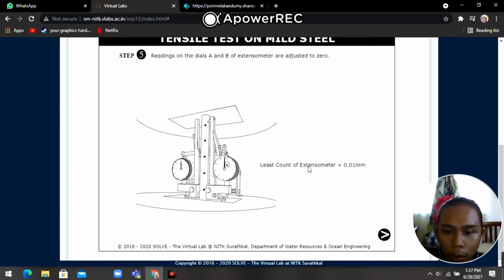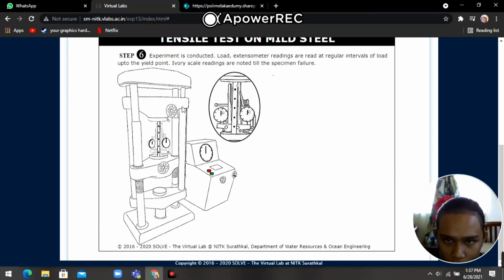Least count of the extensometer 0.01 millimeters. Step 6: experiment is conducted. Load and extensometer readings are read at regular intervals of load up to the yield point. Scale readings are noted till the specimen failure.